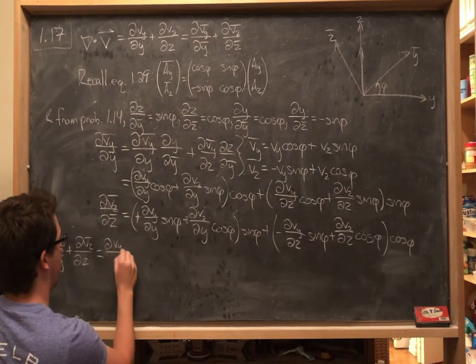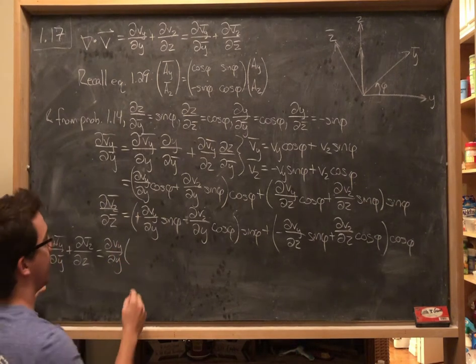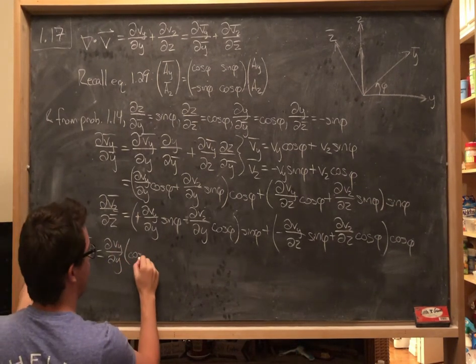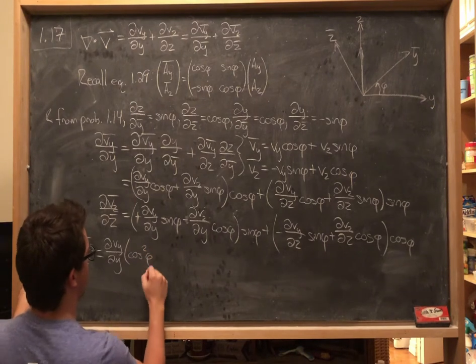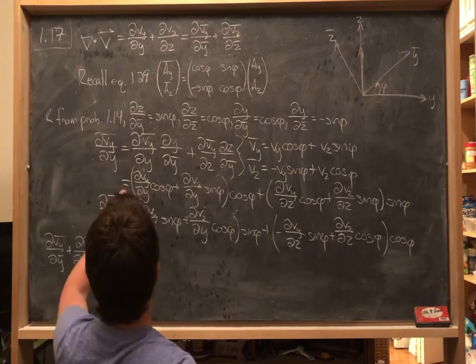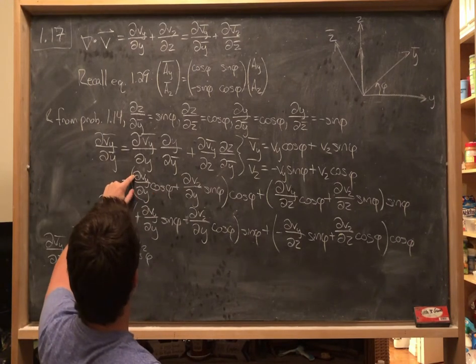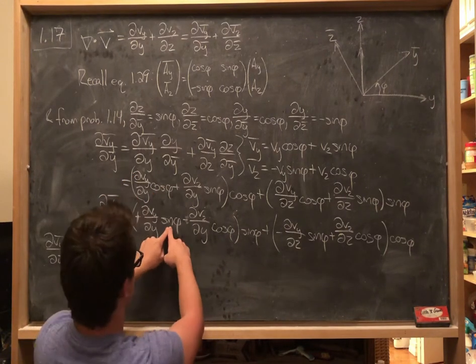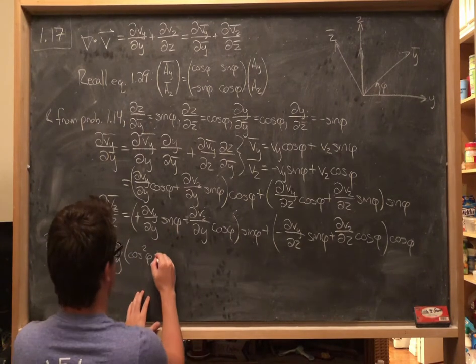So d vy dy is cosine squared phi, and then down here we have a sine squared term.